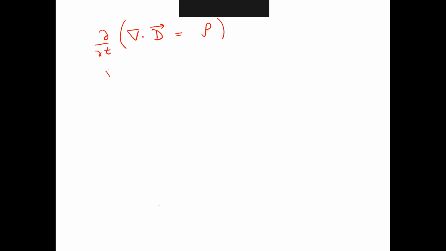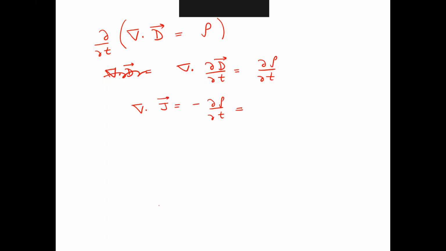I can write del dot del D by del T is equal to del rho by del T. I want my charge continuity equation, del dot J is equal to minus del rho by del T. It's telling me my charge should ultimately turn out to be minus del rho by del T.